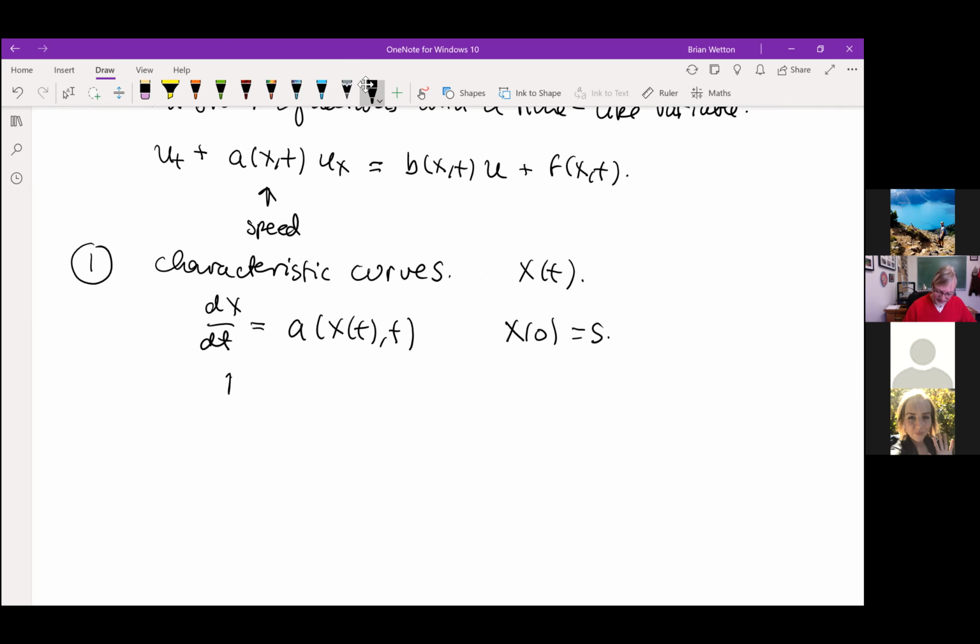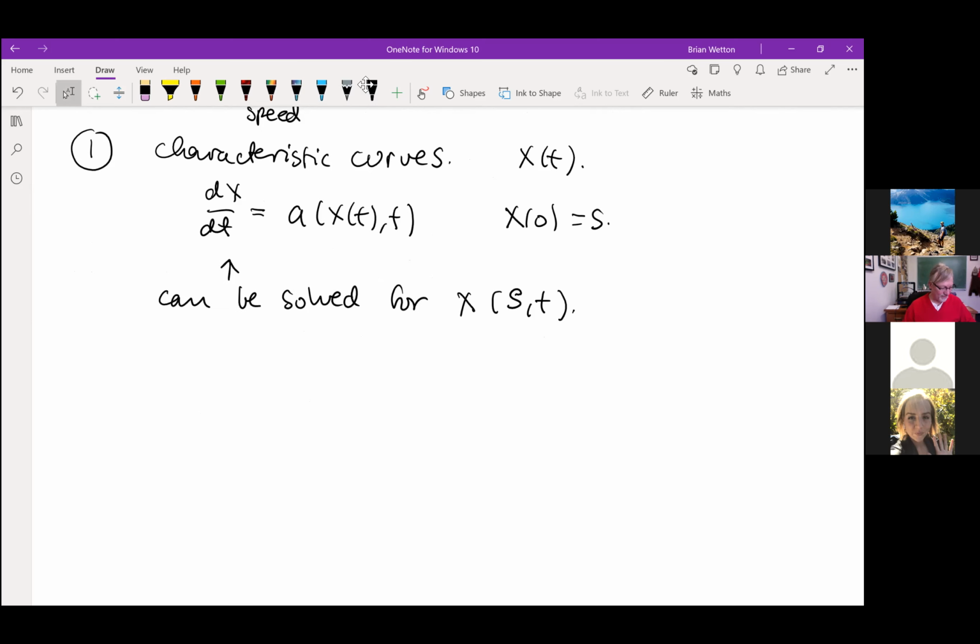So this can be solved for x as a function of s and t. We think of it as x as a function of t with s as a parameter, but we can put those two things together.